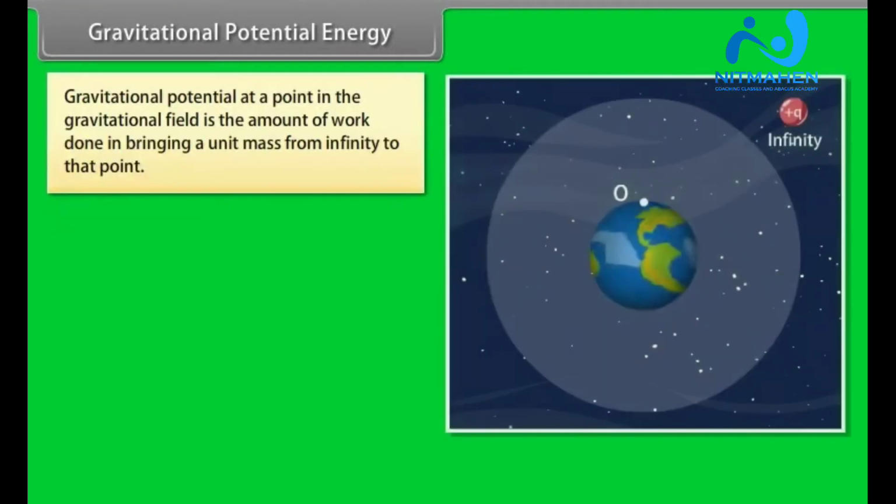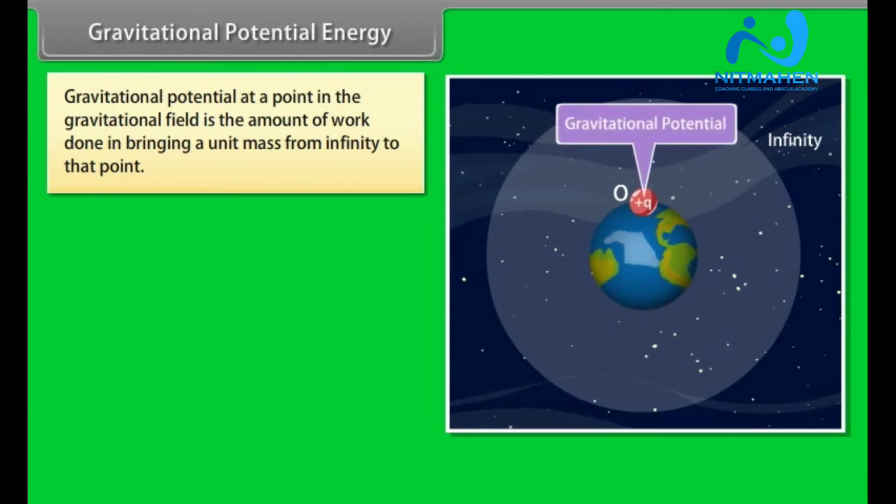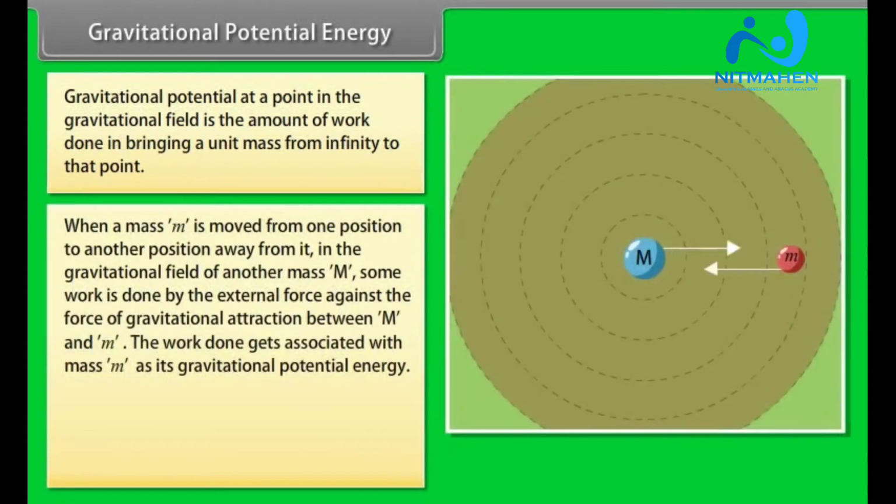Gravitational potential energy. Gravitational potential at a point in the gravitational field is the amount of work done in bringing a unit mass from infinity to that point. When a mass m is moved from one position to another away from it in the gravitational field of another mass M, some work is done by the external force against the force of gravitational attraction between M and m.